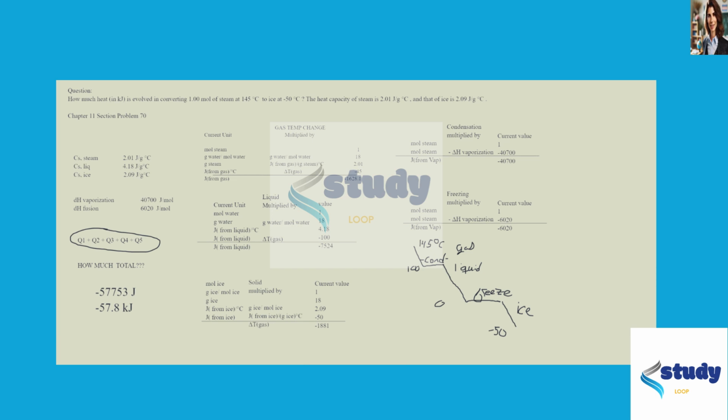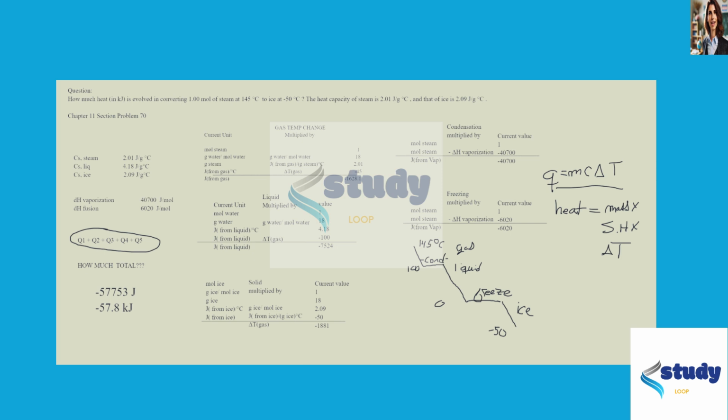Each of these basically follows the general formula for specific heat, Q is equal to MCΔT. That's how I think of it most of the time. The heat required equals mass, or moles, but we'll say mass here, times specific heat times the delta T. It's a really easy way to remember that.